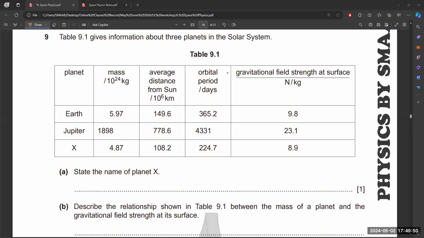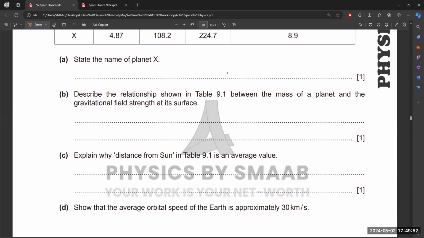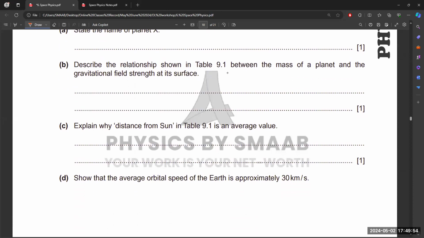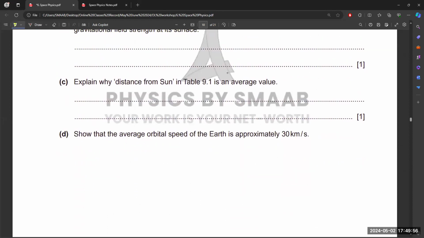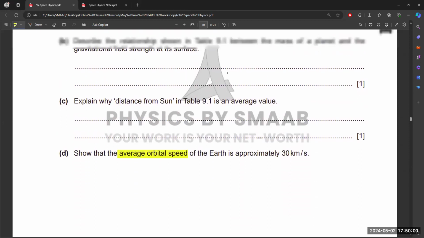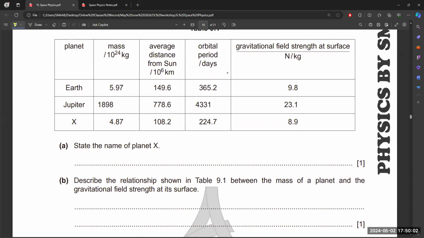Okay, so in the same way, we have different questions, but mostly they are asking the same thing. You will get questions either from the average orbital speed, or you will get some values from the table, and they usually write the name of any planet in any sense. They will ask about the table, and secondly, they will ask about the link between two quantities from the table, just like in the previous question we did.